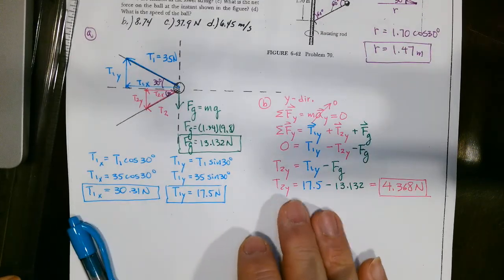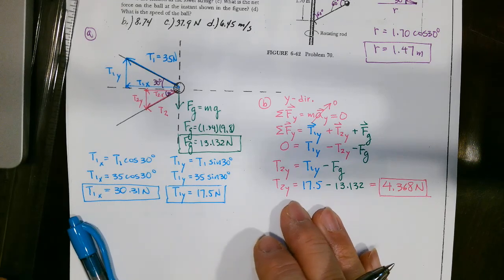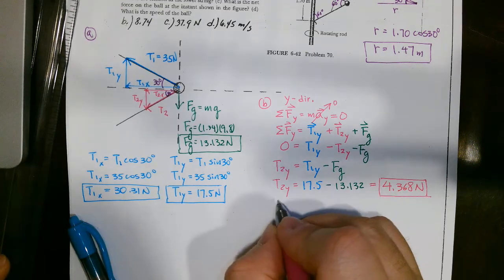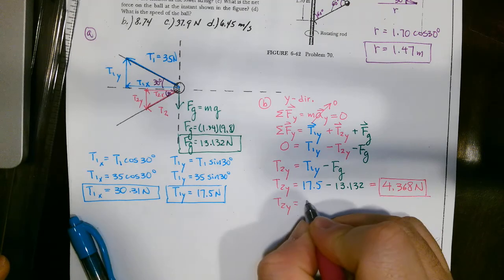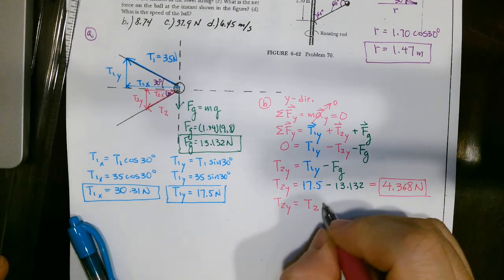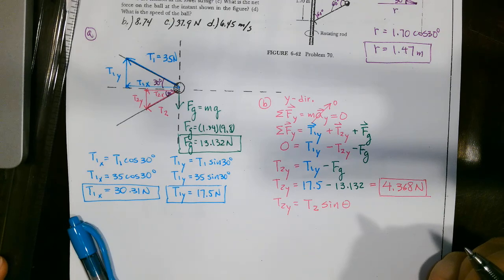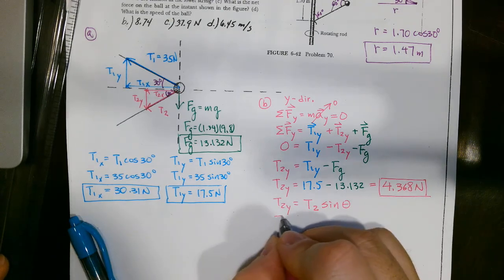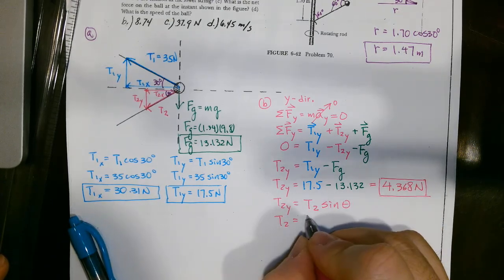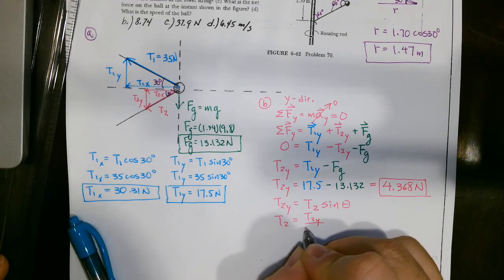Once we know T2y, we know T2y is also equal to T2 times sine of theta. So T2 is equal to T2y over sine of theta.